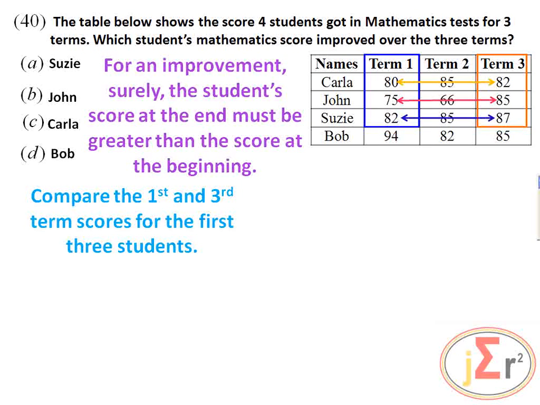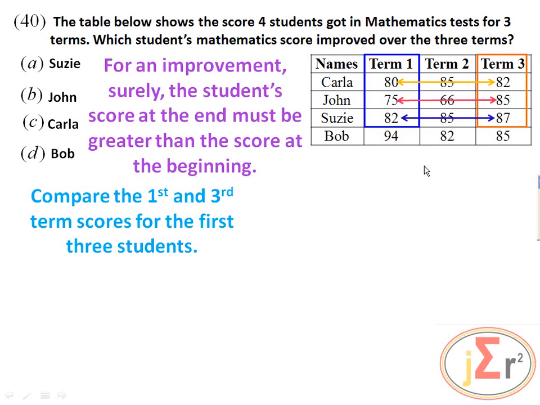As a matter of fact, if we compare the scores for term 1 and term 3 for those first 3 students, what will happen? We notice that the 82 is larger than the 80, the 85 is larger than the 75, and the 87 is larger than the 82.